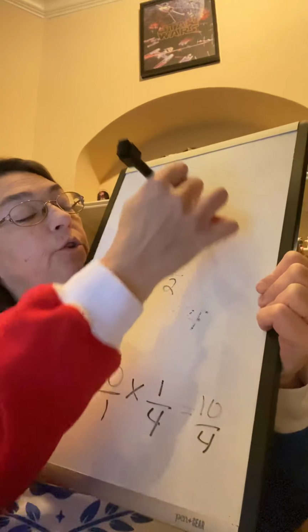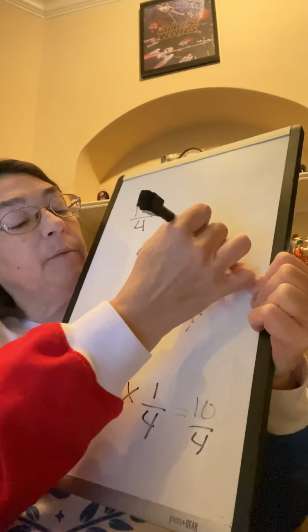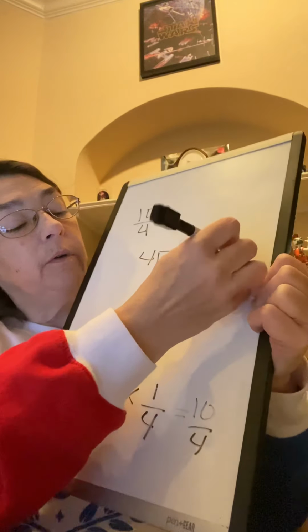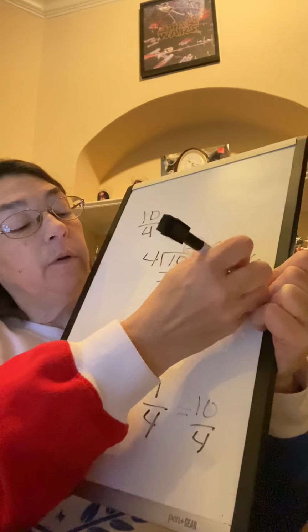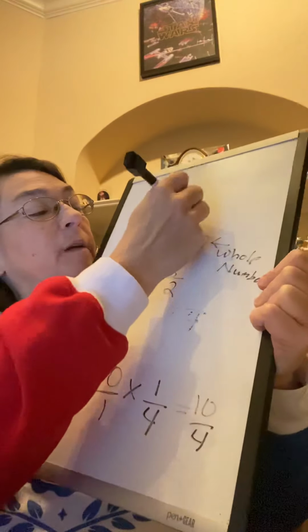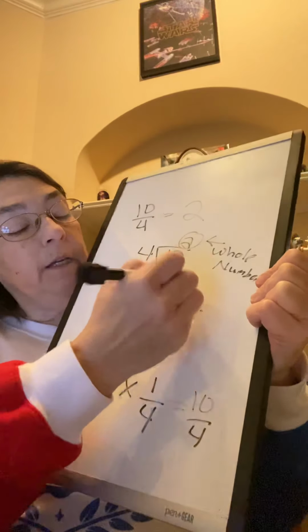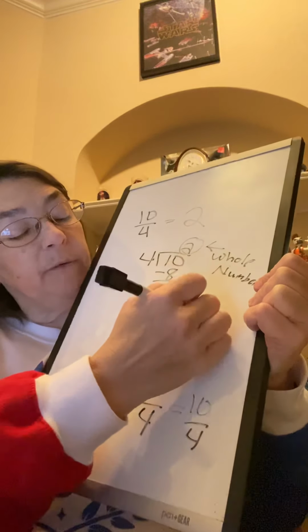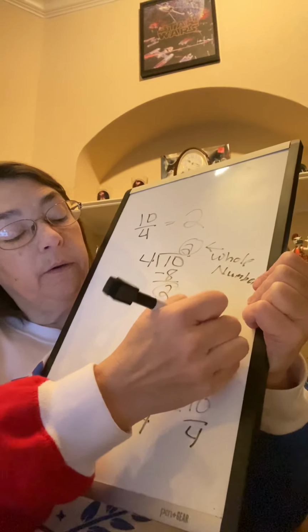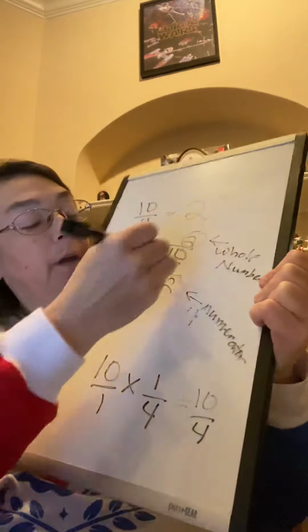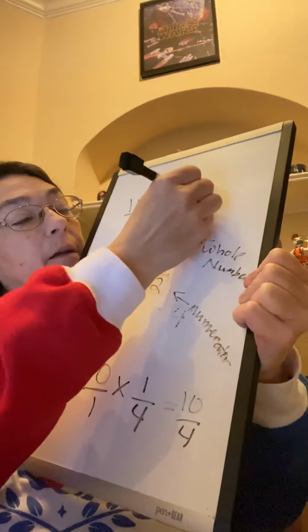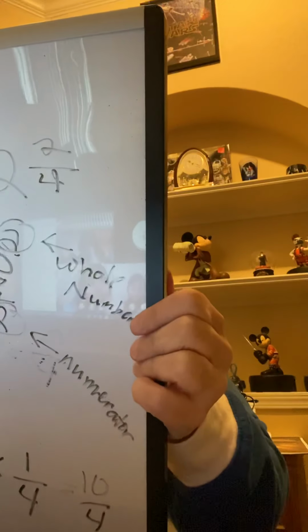So 2 becomes my whole number. This, what's left, becomes my numerator. And then what we divided by is our denominator. So I get 2 and 2/4.